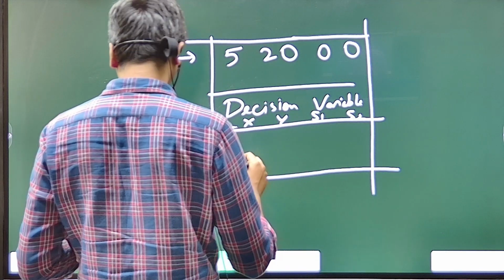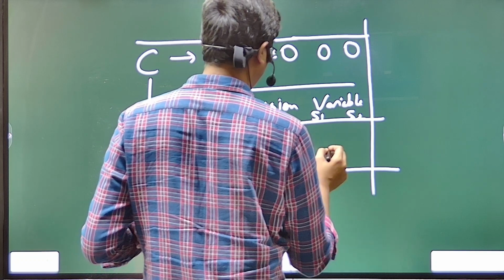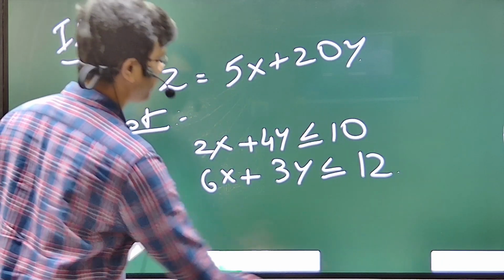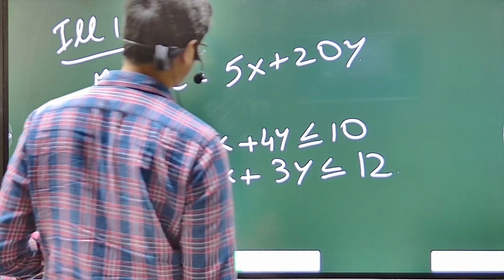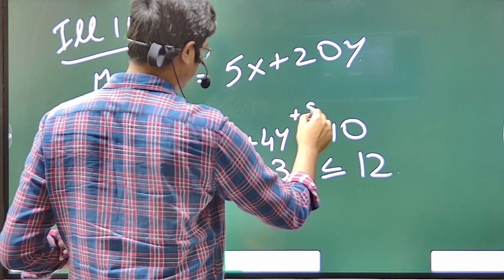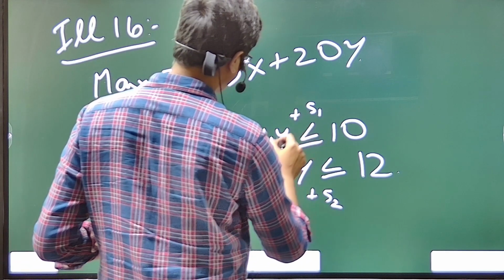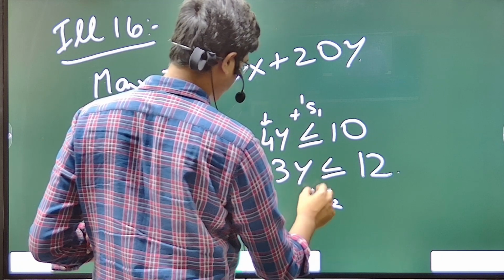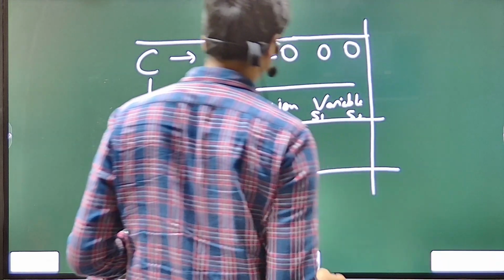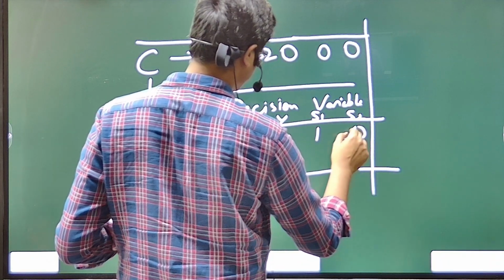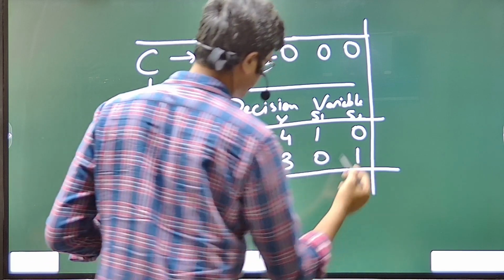And next you have x, 2, 4, and so here we will do plus s1, right? And here you will do plus s2. And the variable for s1 is 1 and for s2 is also 1, correct? So 1 into s1 and 1 into s2. So for the first one it is 1, 0. For the second equation it is 6, 3, 0 and 1.